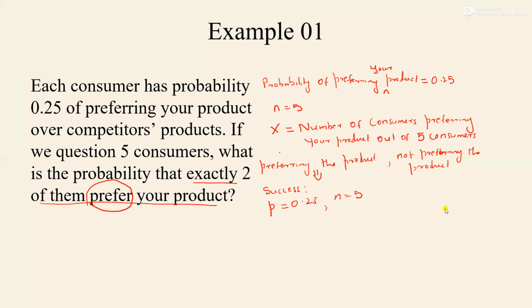We know that there is a fixed number of trials, n trials. These trials are independent, there are 2 possible outcomes, preferring the product and not preferring the product, and the probability of success is fixed in each and every trial out of 5 cases. So it has a binomial distribution, right? Now I am going to erase this and continue.